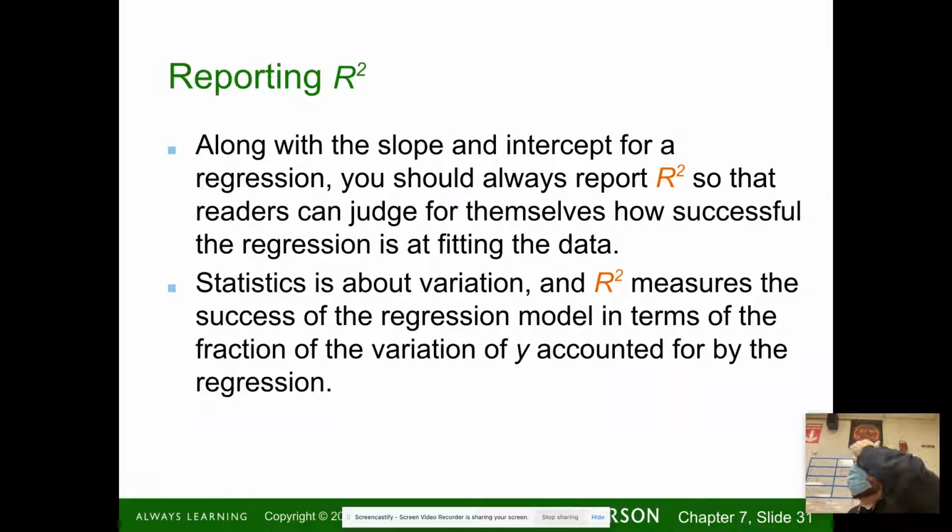But if you have a weak correlation, I probably wouldn't make 100 jackets, even though that's the predicted value, because the correlation is weak. I might only make 80 and then play it by ear. So that R squared value is very helpful in determining how reliable the predicted value is.